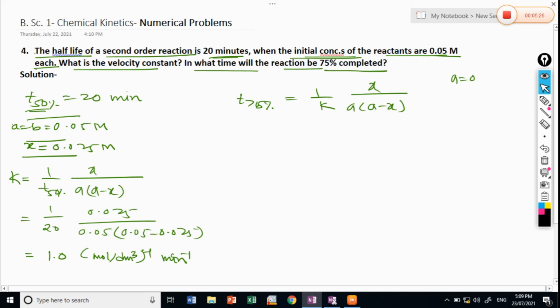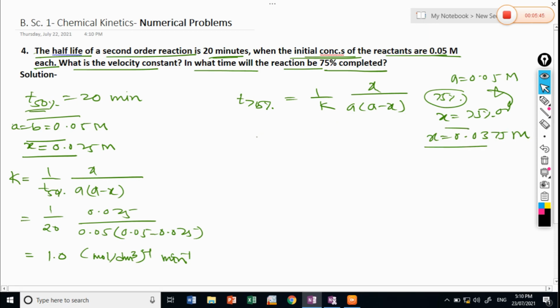Here A is 0.05 molar. So for 75% completion reaction, X is the 75% of this value, which comes out to be X is equal to 0.0375 molar.